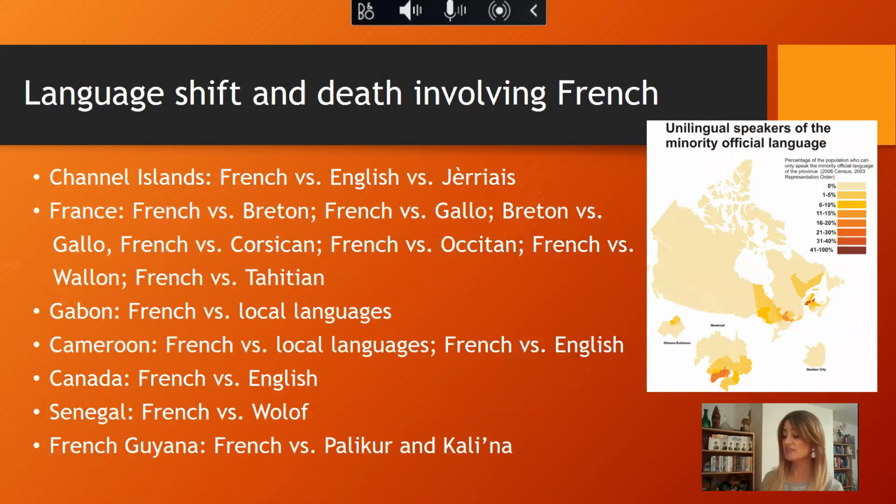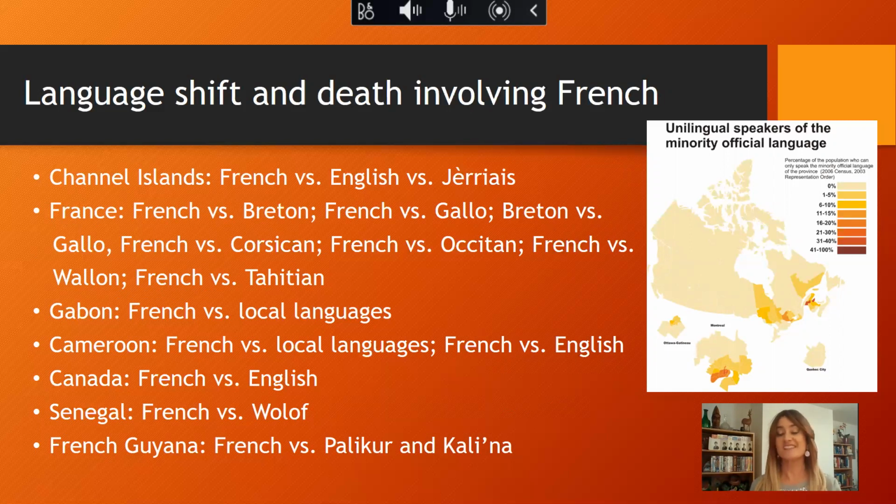Right. Just time for some quick little case studies. So I kind of brainstormed some situations where there's language shift and death going on and French is involved. It doesn't always work to the advantage of French, as we'll see. In the timelines, we've got French versus English versus Guerrier, which is the variety of French spoken in Jersey.